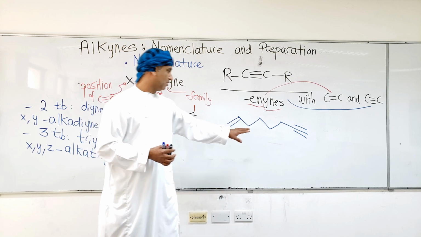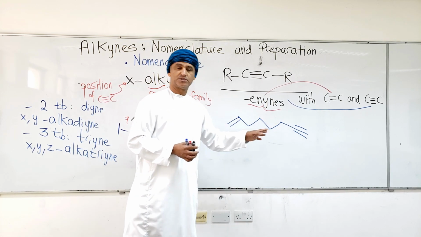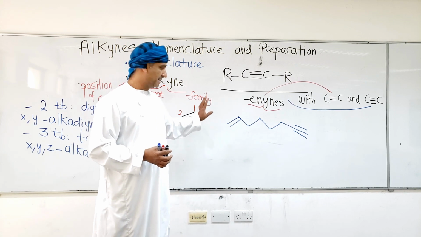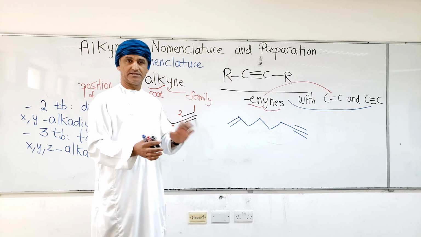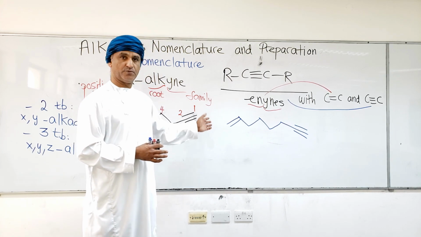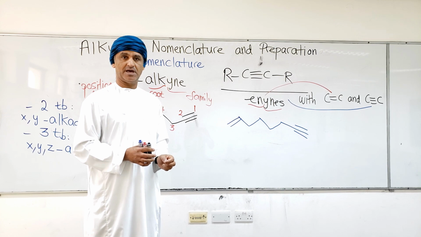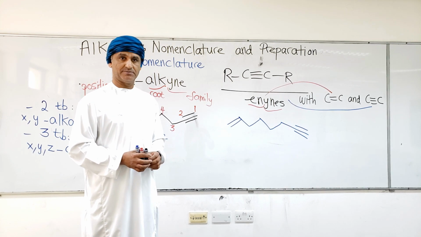In other words, you always get 1, so 1, 2, 3, 4, 5, 6, 7. You always get 1 and 7 if you number from, let's say, left to right or from right to left. You get numbers 1 and 7 always, whether you give 1 to the alkene, or the carbon-carbon double bond, or you give 1 to the alkyne, or the carbon-carbon triple bond.